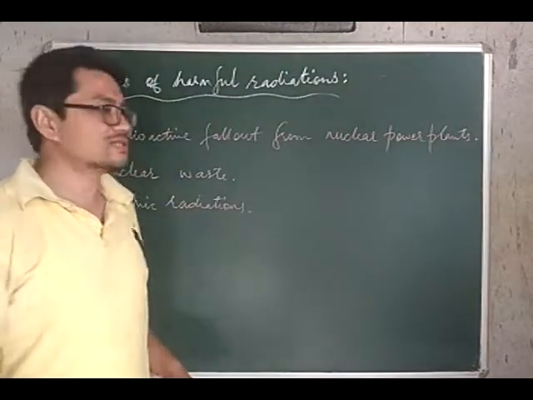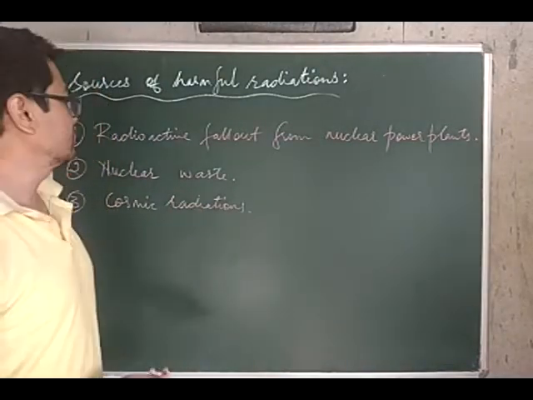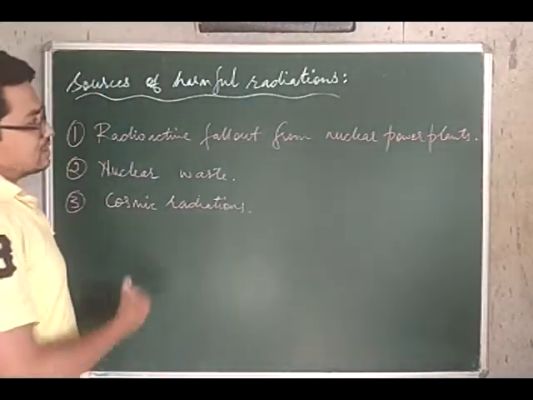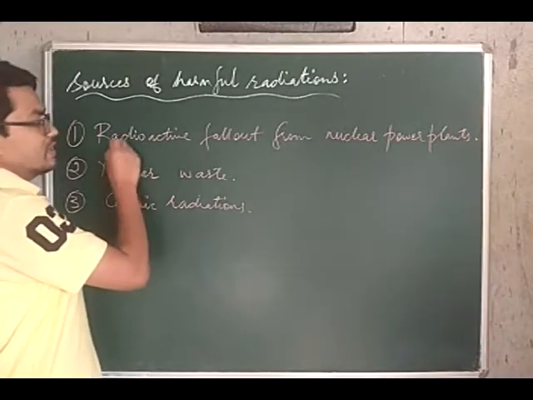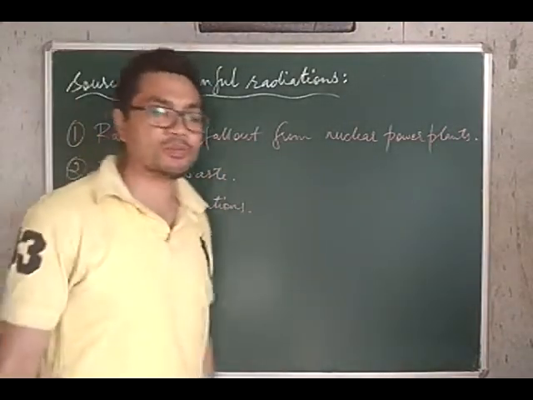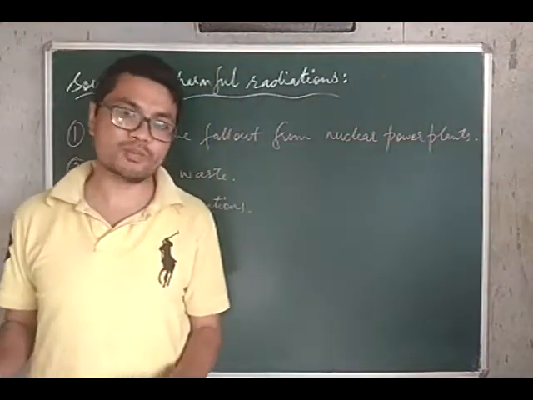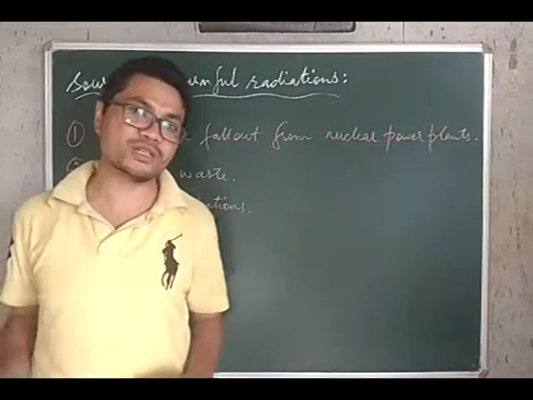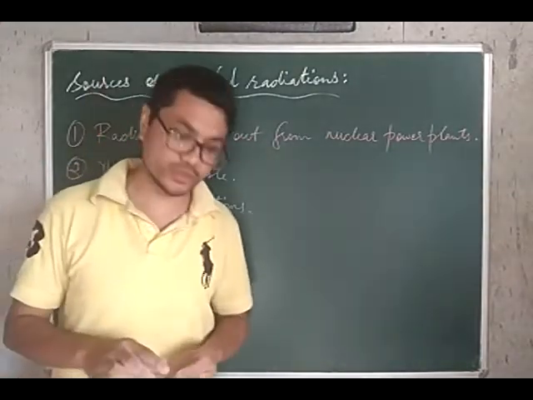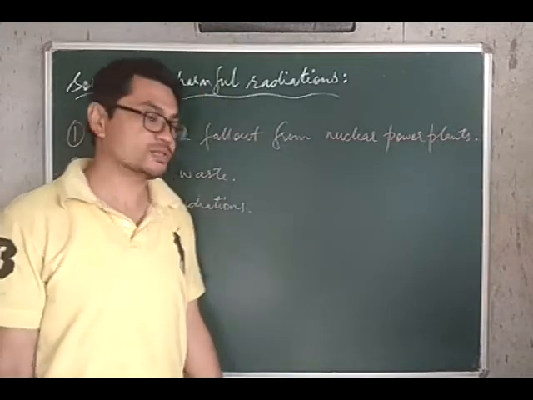Let us now discuss sources of harmful radiations. Number one source of harmful radiations is radioactive fallout from nuclear power plants. You have nuclear power plants from where a lot of heat energy and thereby electrical energy is generated. We have nuclear power plants in India too.